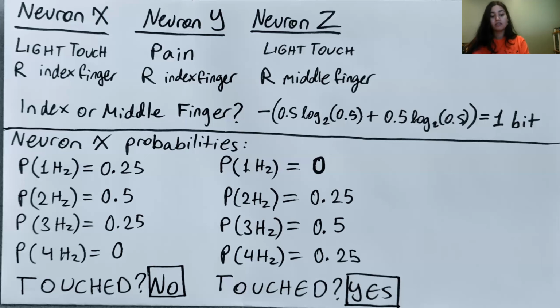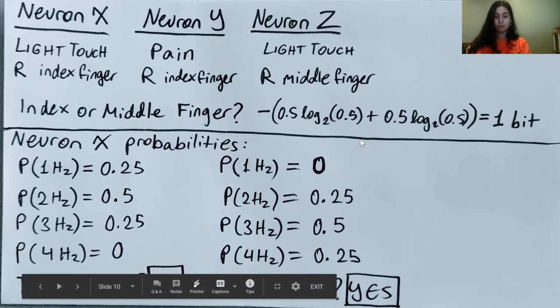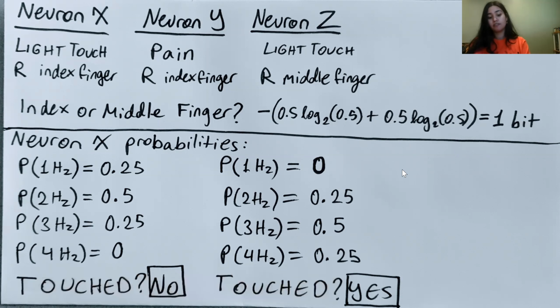So if we know that the touch is coming from either the right index finger or the right middle finger, then we can calculate the uncertainty of the situation, which has 2 equally likely possibilities, like just which finger it's coming from. And we see with the formula, it's just 1 bit of uncertainty. So if the brain knows that neuron X is firing, then it also knows the right index finger has been touched.